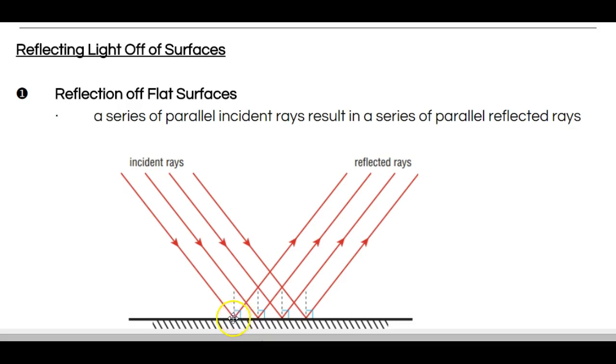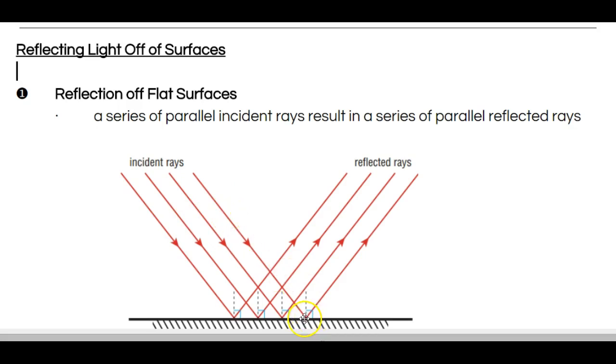I can see the point of incidence, and notice that for each incident ray and its reflected ray, there's a little normal line drawn in, showing the angle of incidence and the angle of reflection as being equal. Then I'm going to duplicate that, so I've got 4 rays here, and of course there would be many more rays striking the surface.